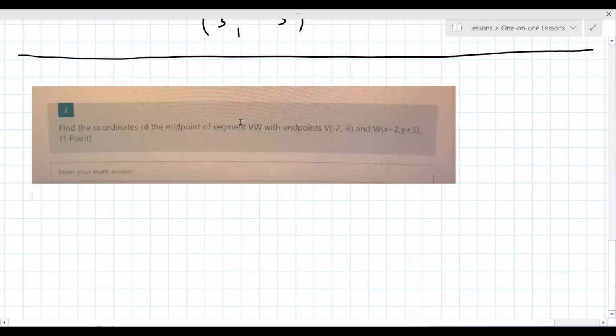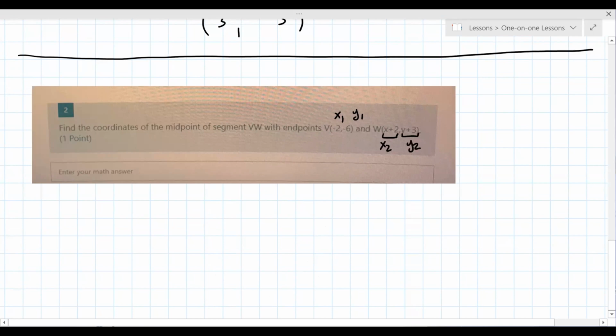All right. Find the coordinates of the midpoint of segment VW with endpoints -2, comma, -6, and x plus 2, comma, y plus 3. So it's the same deal here, except that for the second one, this whole thing, x plus 2, is x2, and this whole thing is y2. So you're still going to find the average.